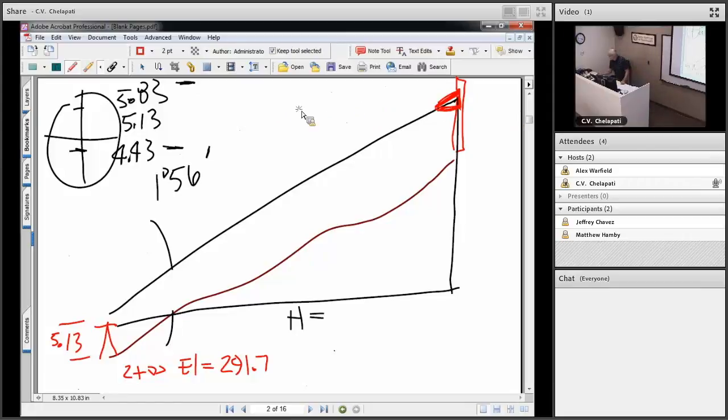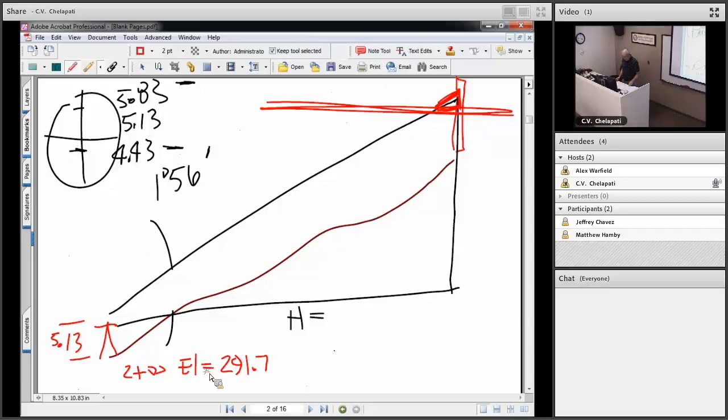In other words, we're not looking at it level, we're looking at it on an incline, okay? So for the horizontal, we're going to take the cosine squared times the vertical angle, and to determine the vertical difference, we're going to take the cosine of the angle times the sine of the angle, okay?